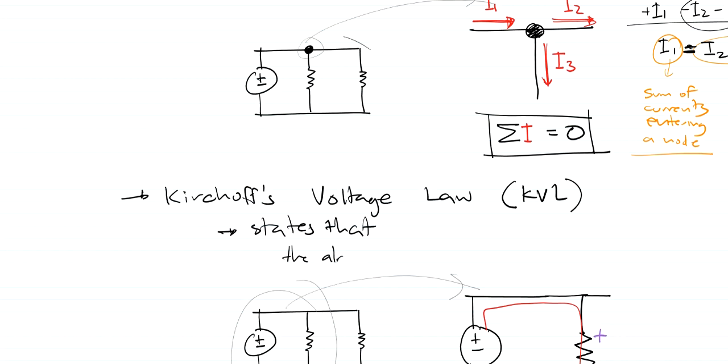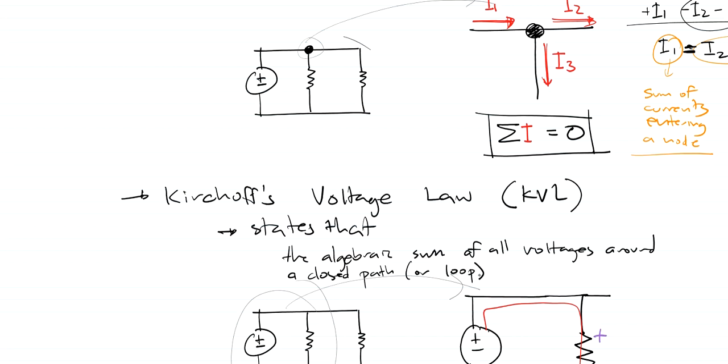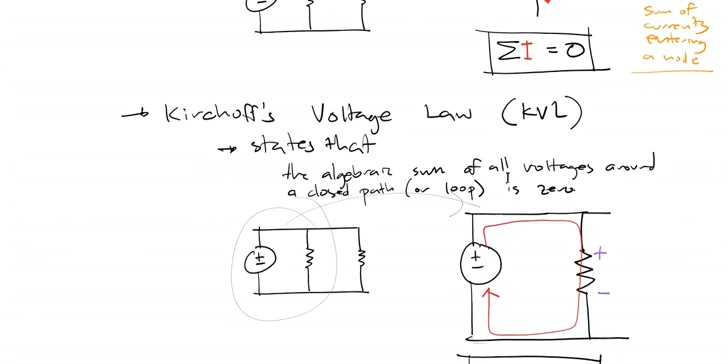The algebraic sum of all voltages around a closed path or loop is 0. Right, so here's the statement of the Kirchhoff's voltage law. The algebraic sum of all voltages around a closed path or loop is 0.